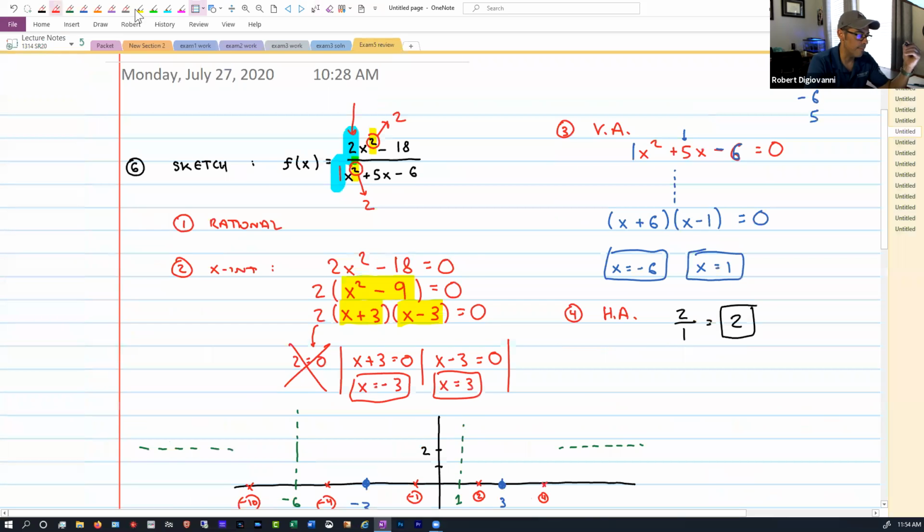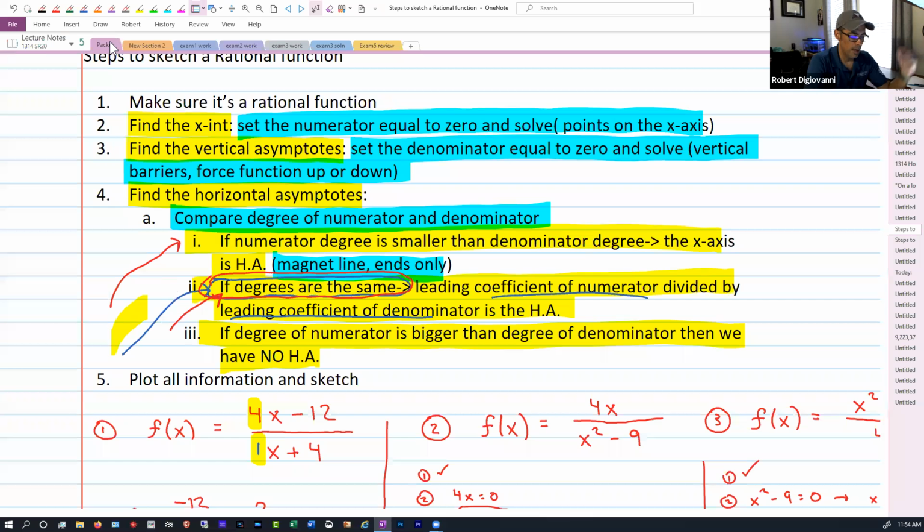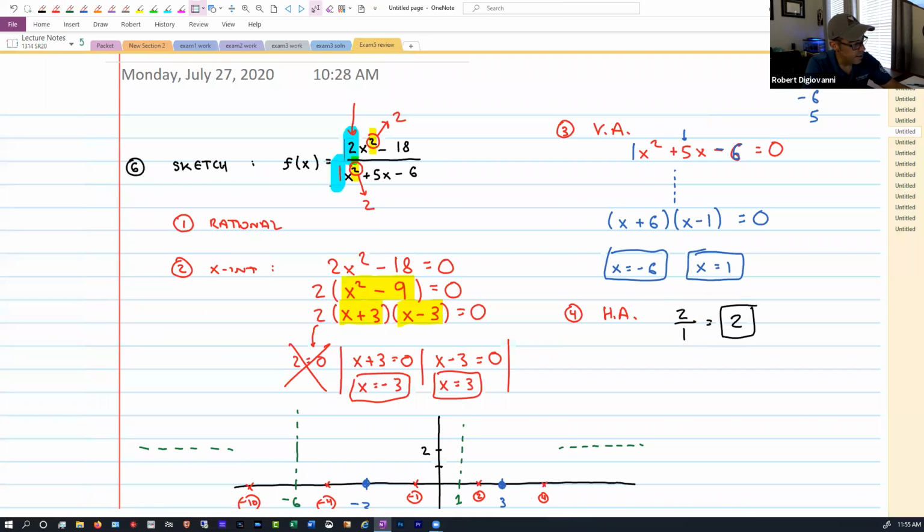You take that number and you divide that by the leading coefficient of the denominator, which is the number right here. So that's why I came over here and I put 2 over 1. It was the 2 that's from up here in blue, and then divide that by the 1 here from the denominator, and 2 divided by 1 is just 2, and that's going to tell me where my horizontal line is. Does that make sense? Yeah.